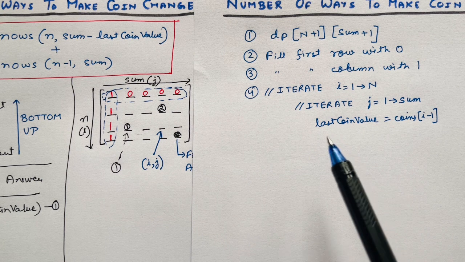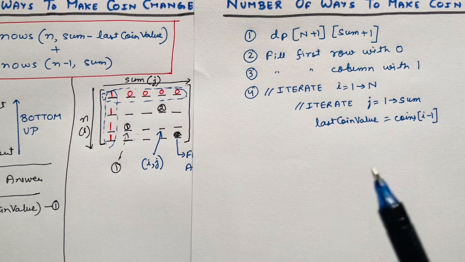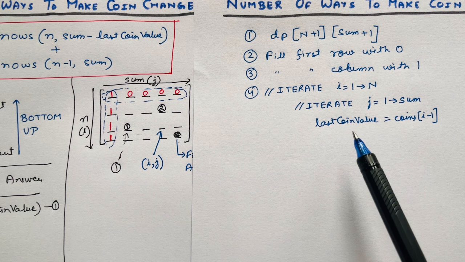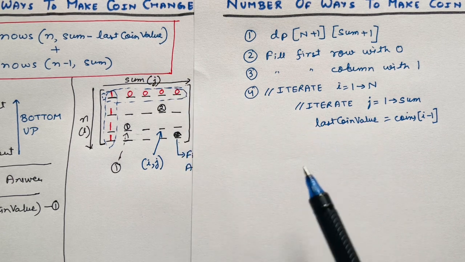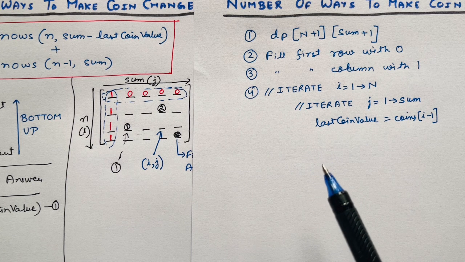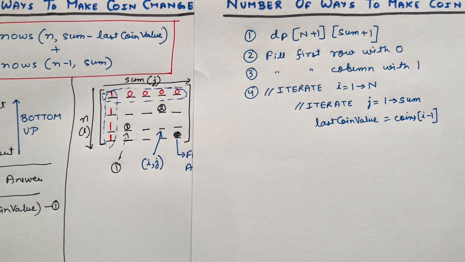Now, if we are talking about the include case, that means we have included at least one last coin. That means what is the remaining sum that we want to form? It is j minus this last coin value. But this can also be negative, and we know what the answer is for it being negative. The answer is 0.